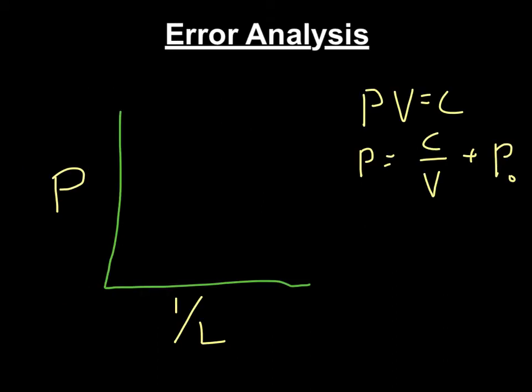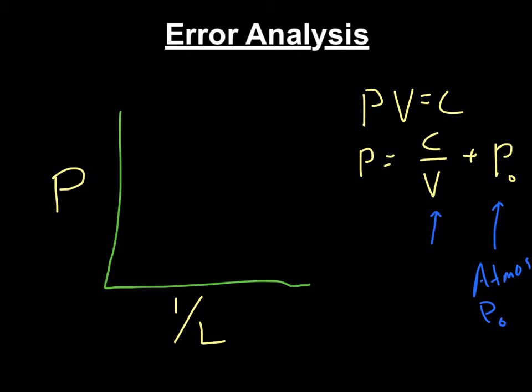So when you analyze this, Boyle's law says that pressure and volume is a constant, right here. So if we move V over to this side, this would be the pressure from the fluid. However, that's not the only pressure. You also have your atmospheric pressure, that you read on the barometer, because not only is it underwater, it's also under the atmosphere.